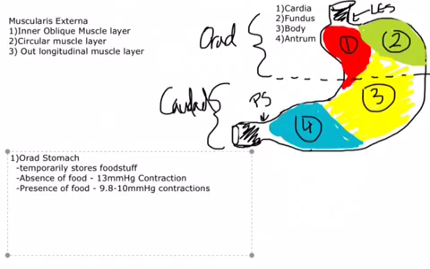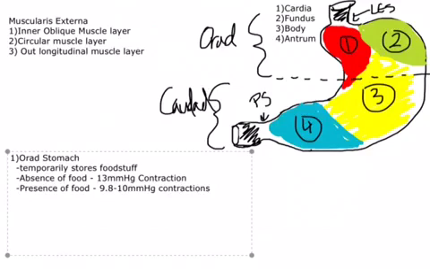So first we'll talk in detail about the orad stomach. When we say it's the store part of the region, it's not that food stays there for a long time. It temporarily stores food in different layers. It can go from minutes to hours, depending on how much food you have and how much you're ingesting.